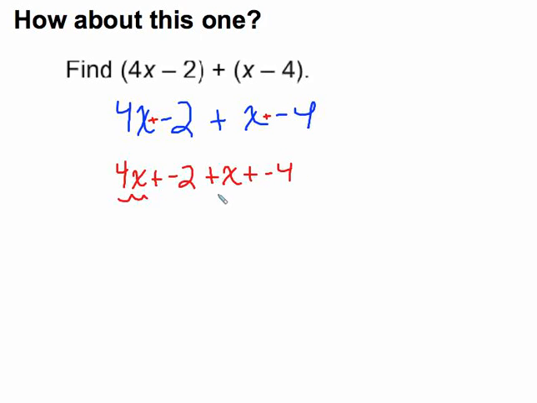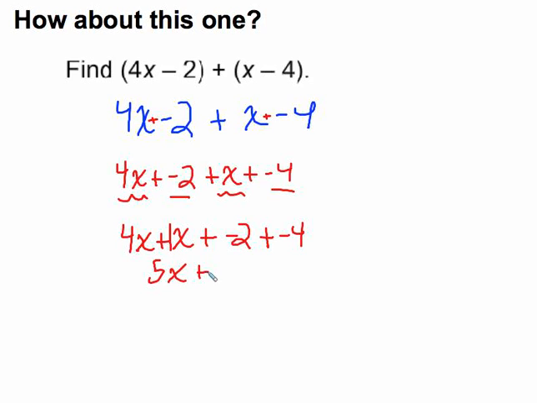I'm going to regroup my squiggles with my squiggles and my straights with my straights. So I get 4x plus x plus negative 2 plus negative 4. That's going to give me 4x and 1x is 5x, plus negative 2 and negative 4 is negative 6, which you can simplify to 5x minus 6. Final answer.